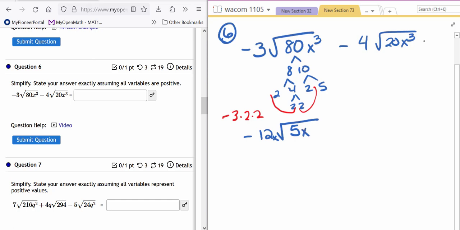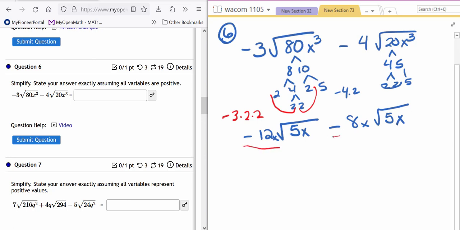All right, for this one, 20. So we can do 4 times 5. And we can take a 2 out. So negative 4 times 2 will be a negative 8. You are going to take out an x. We are left with a 5. And also we're left with an x. This took care of 2 of them. We have 1 more left over. And these are like radicals.